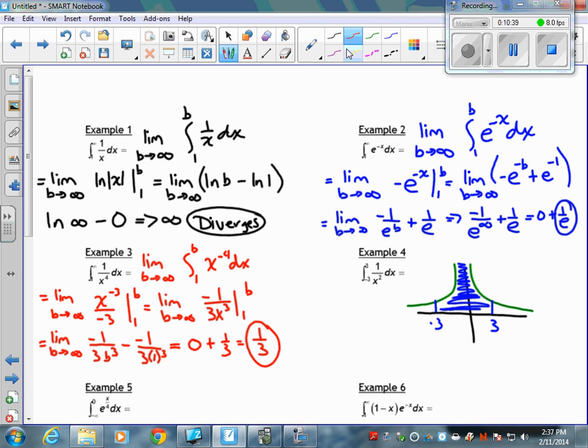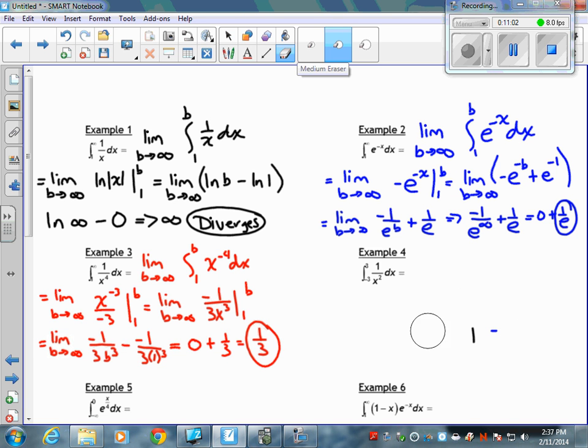I'm going to take one limit, which is going to be this side. So I'm going to have a definite integral from -3 to b, where b is approaching 0 from the negative. Then I have the blue side, which will be the definite integral from a, the limit as a approaches 0 from the positive side, to 3. So this breaks down into two separate integrals.